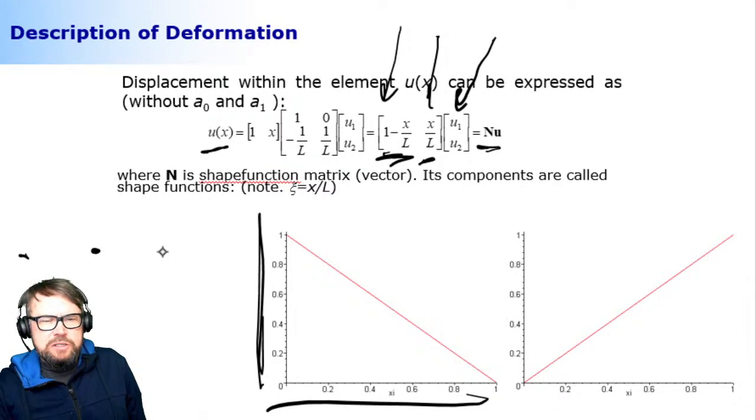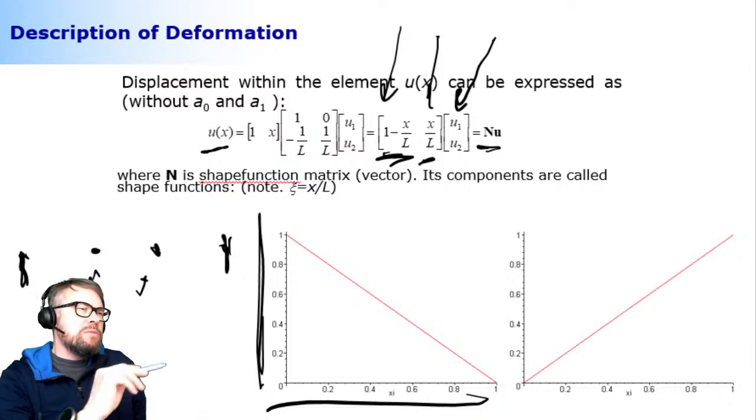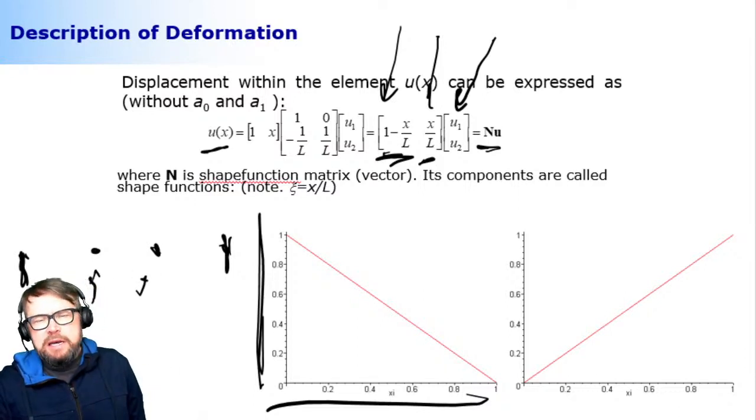If this is your original set of particles, this is your nodal location 1. This is your nodal location 2. These are just the two particles, which are much more than these two. Looking at this shape function, they're behaving in a way that if you're moving this first node in this direction, this is following and this is following according to this equation.